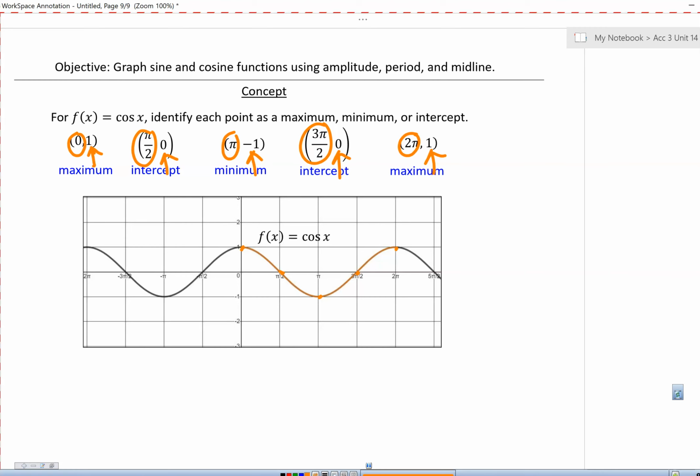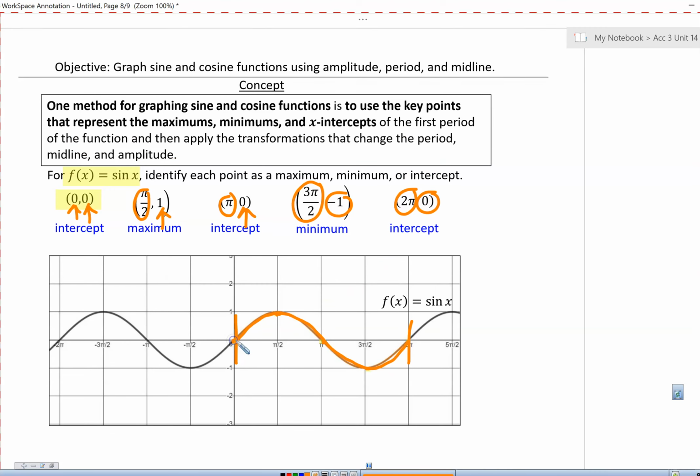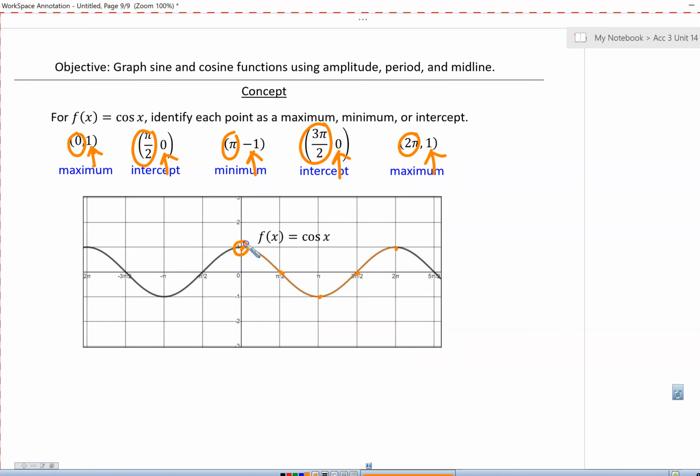Whereas our sine function starts at a midline point, which here is also an intercept on the x-axis, then goes to a maximum, intercept or midline point, minimum, and ends back on its midline. So they start at different places. You have to make sure that you are starting in the correct place: for a sine function you start on the midline, versus a cosine function, you would start at a relative maximum.